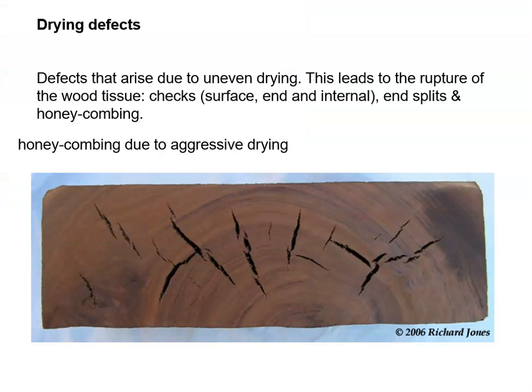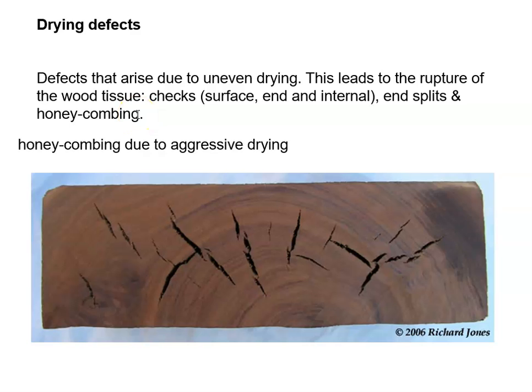All right, so when it comes to drying, defects arise from uneven drying, which leads to a rupture of wood tissues: checks in the surface and or internal, end splits, and honeycombing. So these are all defects, kind of just like vegetables, for instance.